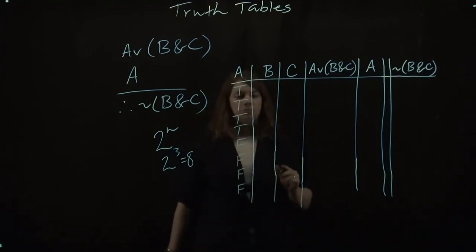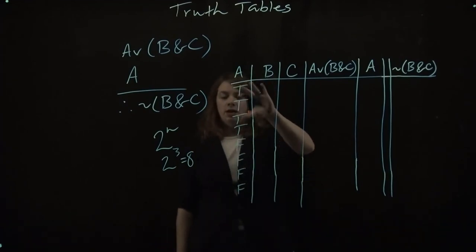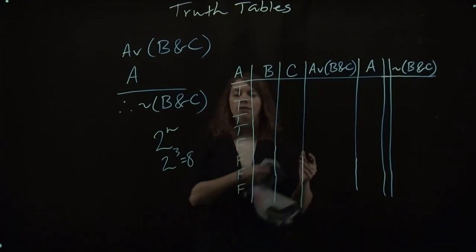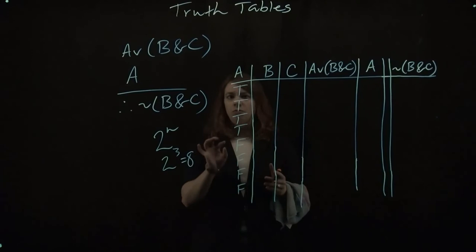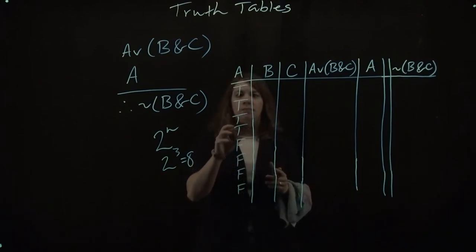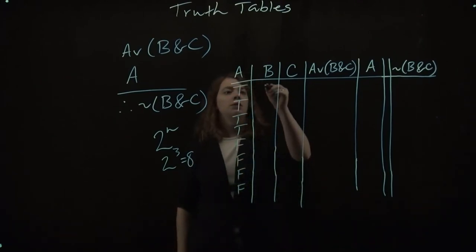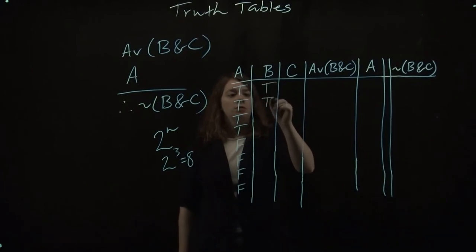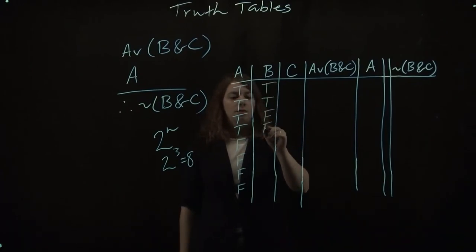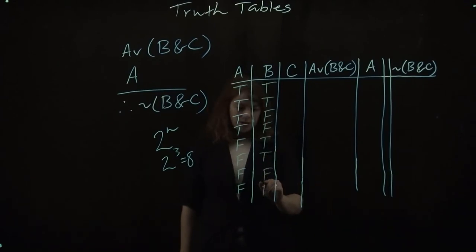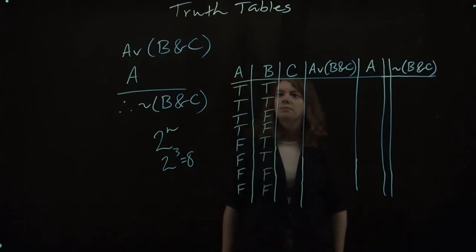Okay, for B then we're going to take 4, divide that by 2, and so now we know that each individual truth value will come in pairs basically. So we're going to say true, true, false, false, true, true, false, false. Okay?